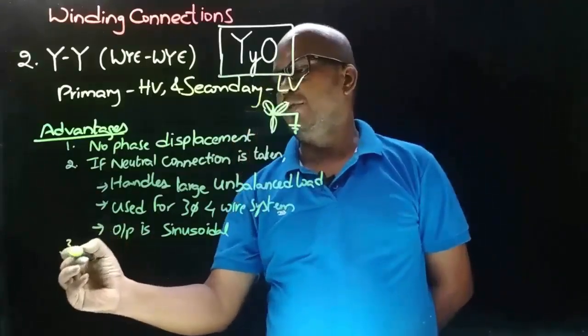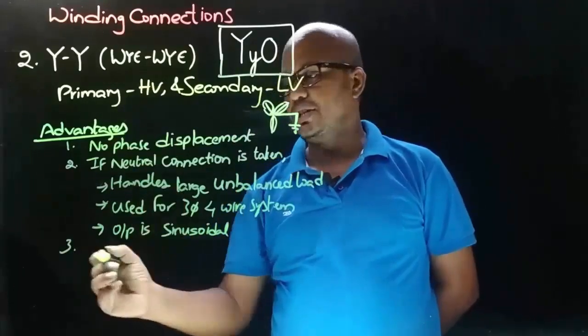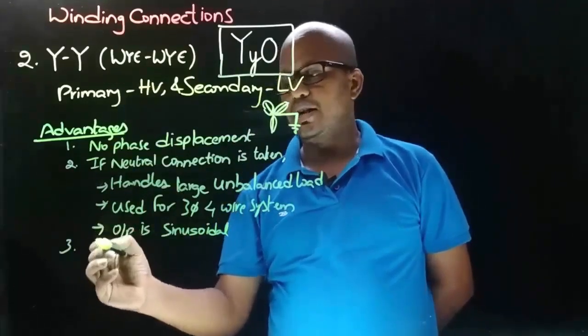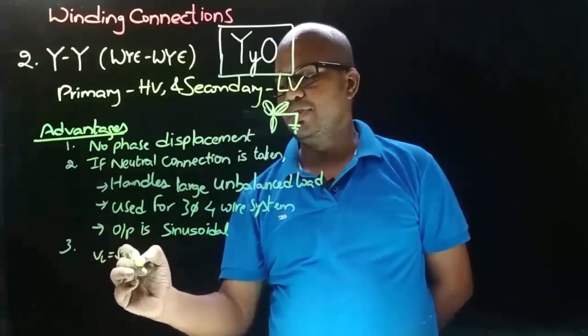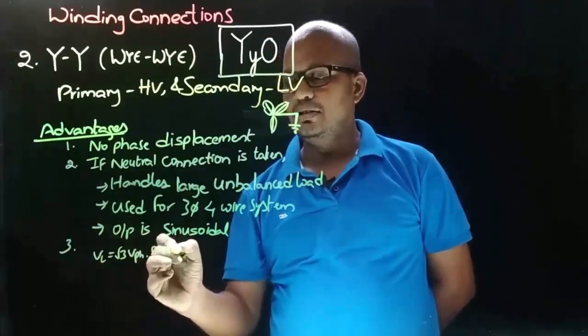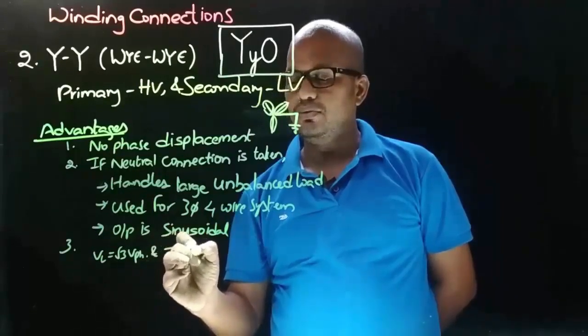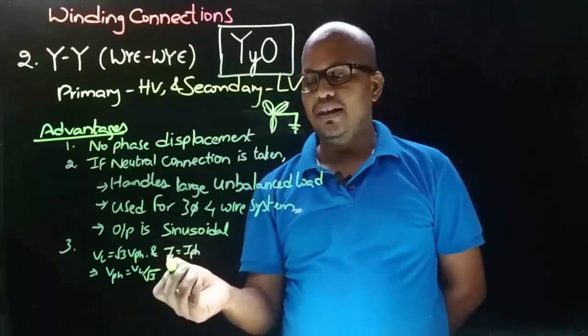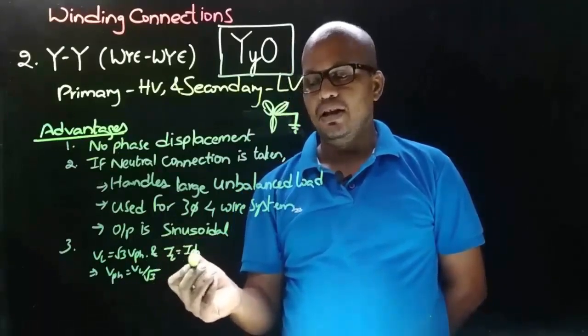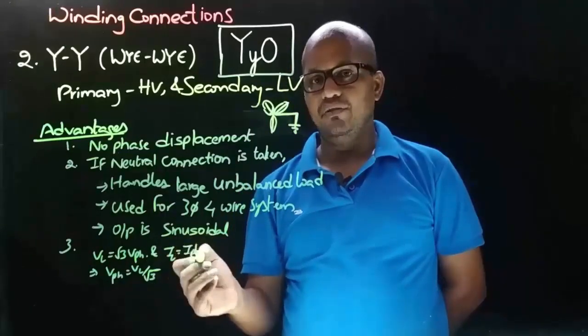And the other advantage of star-star connection is that we know that in star, line voltage is equal to root 3 times phase voltage, and line current is equal to phase current. As the current relation in star connection is line current equal to phase current, means in phases high current will flow.